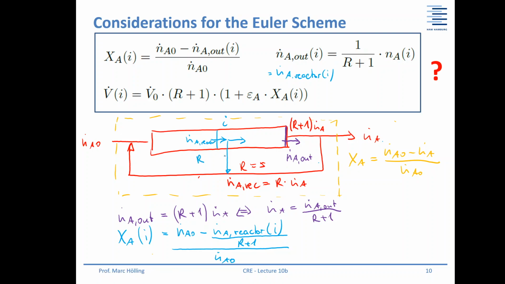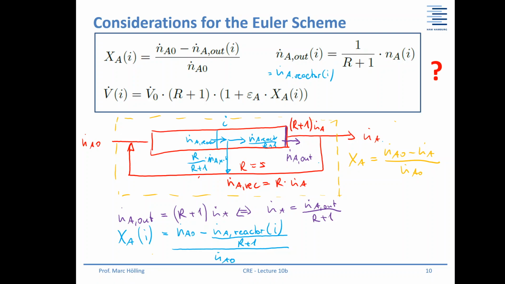So this here, the one going there is n dot R, n dot A reactor, and this is n dot A reactor over R plus 1. Oops, this is R over R plus 1. So, and with this you can calculate the conversion inside the reactor at any position.